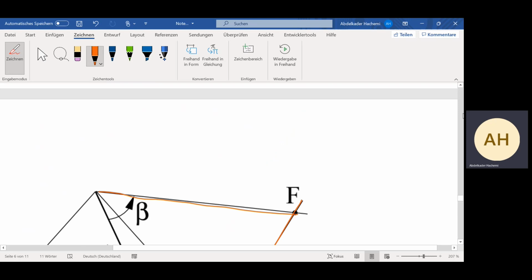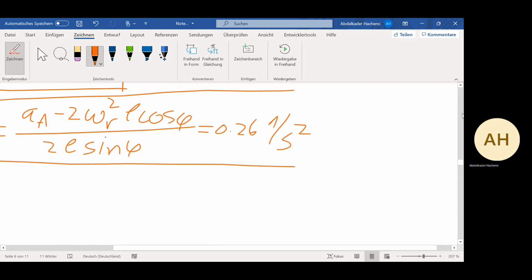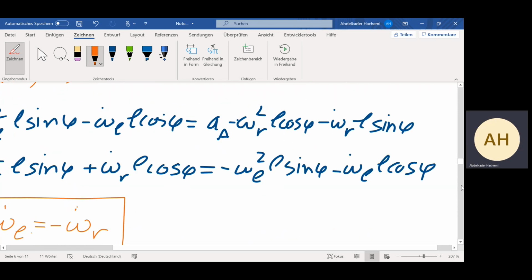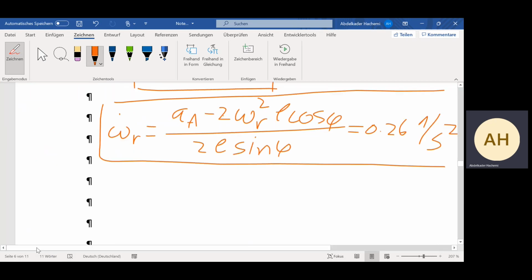Okay, to determine beta, how to know beta now, with which angle we should rotate.